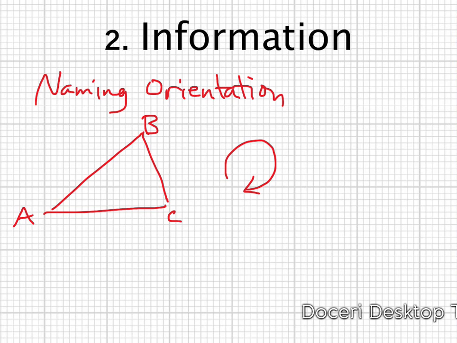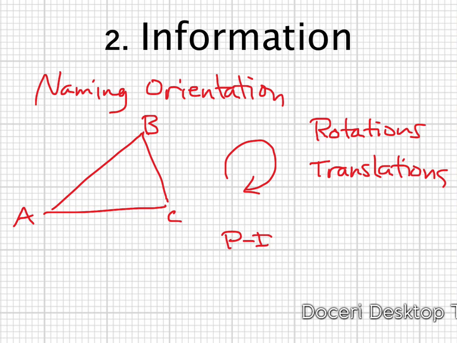When you're talking about translations and rotations, the pre-image and the image have the same labeling orientations. So if your pre-image is labeled clockwise, your image will also be labeled clockwise for translations and rotations.